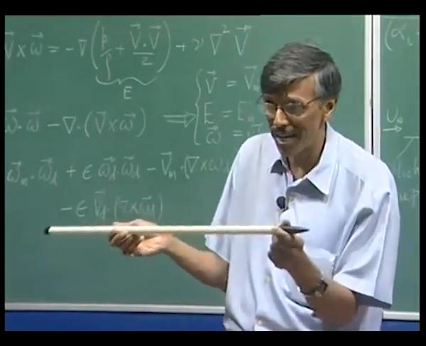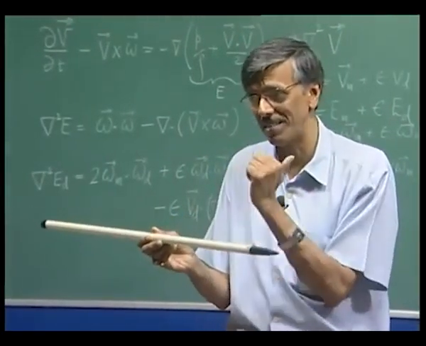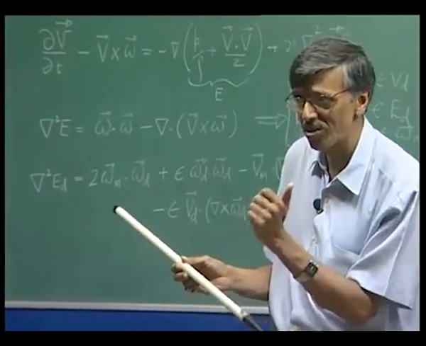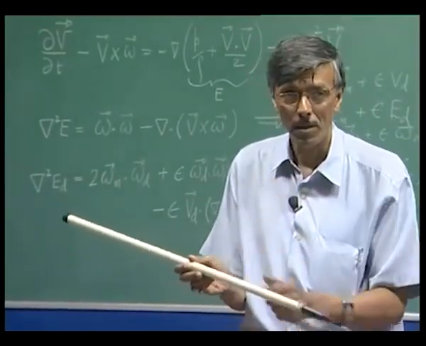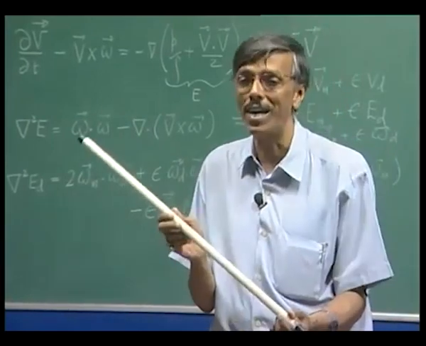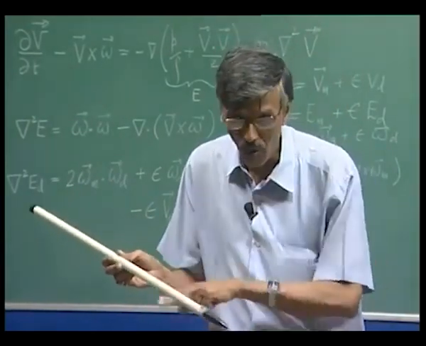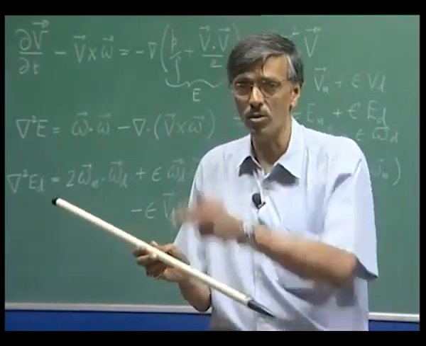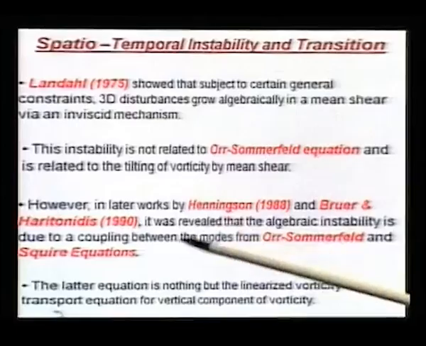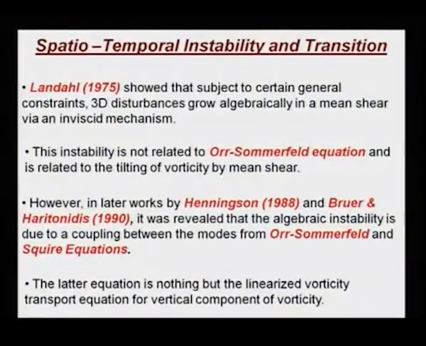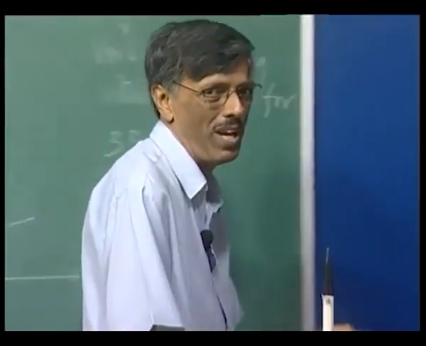Because if I have a flow in the xy plane, the vorticity is already in the z direction. So, that is your Orr-Sommerfeld mode. The Orr-Sommerfeld mode will be in the z direction, but we are talking about omega y. So, the flow is in the x direction, and the wall normal direction is y. That is your governing equation given by the Squire equation. So, we can write it down, because we have written down the linearized vorticity transport equation. We can simply write the omega y component.